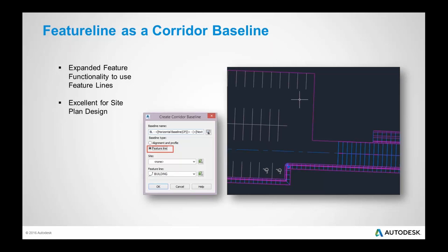We could use an alignment for that, but when it comes to feature lines as a baseline in the corridor, that could be quite a bit simpler. So definitely encourage you guys to expand on this. Myself and my team here, we're going to be kind of pushing the limits with this feature, see how this kind of changes workflows for site design and site grading within Civil 3D.